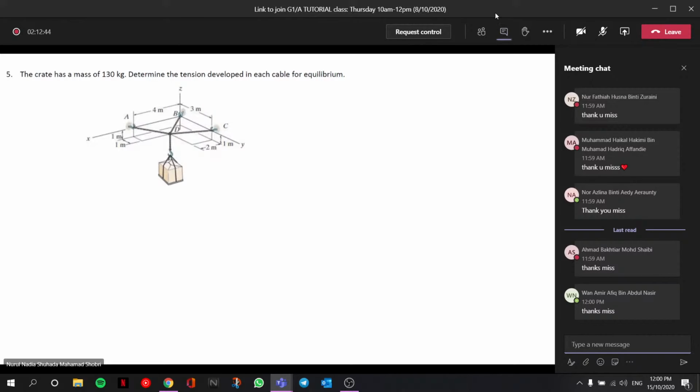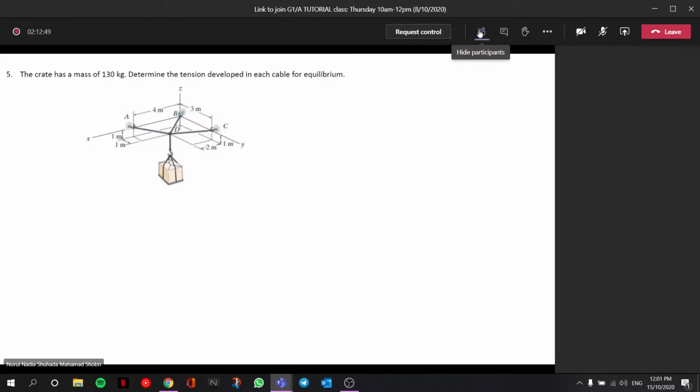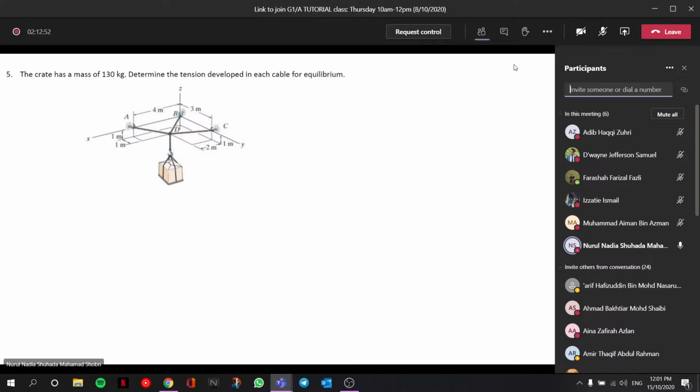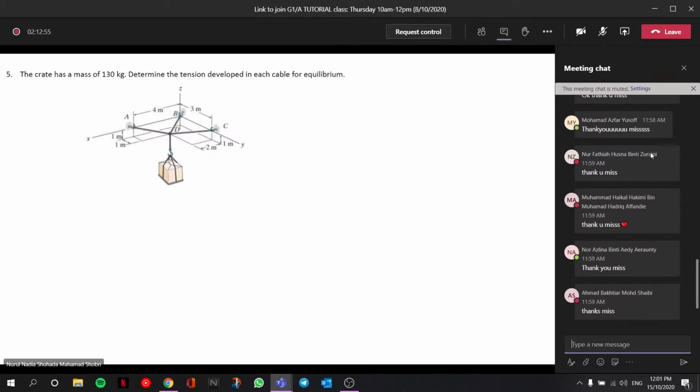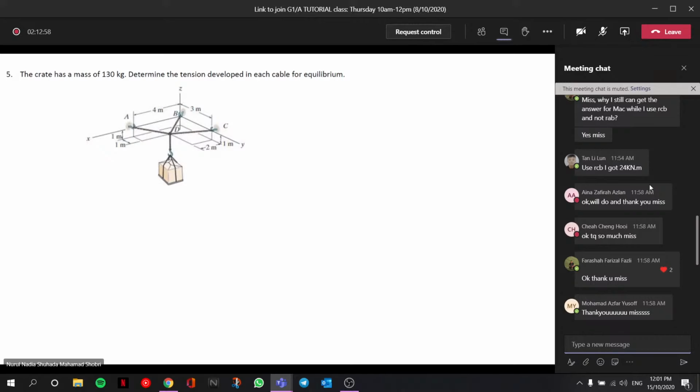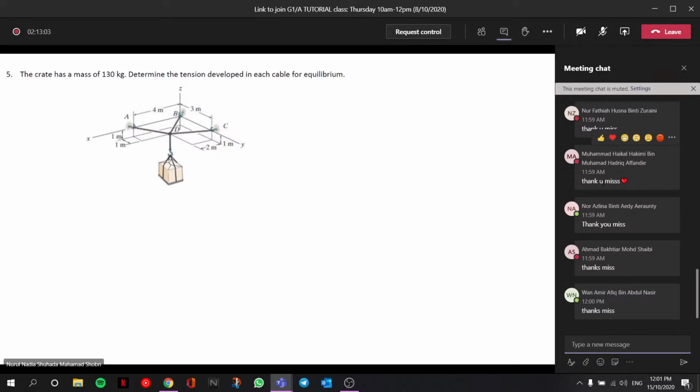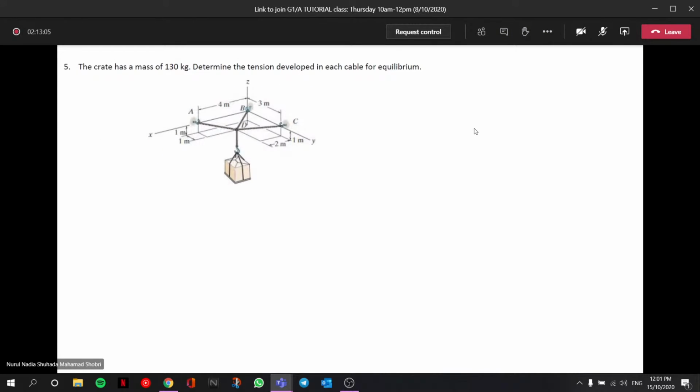So basically I want to explain question number 5 from last week, because we didn't have enough time. As you can see, the crate has a mass of 130 kg. So we draw a point here, and that means the force downward would be 130 times 9.81.